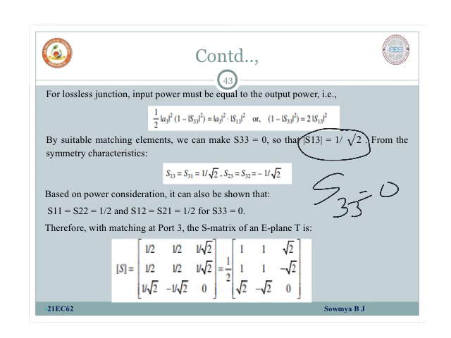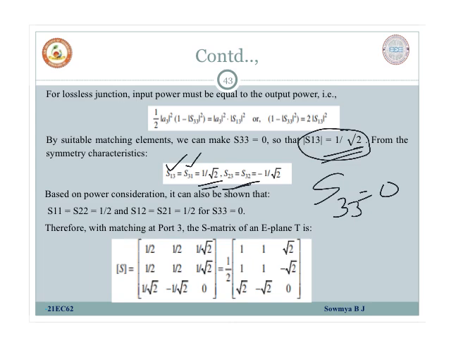Now, from the symmetry characteristics, we know S13 is equal to S31. Since S13 is equal to 1 by root 2 already, we can substitute S31 as also equal to 1 by root 2. Since the output is out of phase, we can substitute the value as minus 1 by root 2 for S23, that is equal to S32 is equal to minus 1 by root 2.